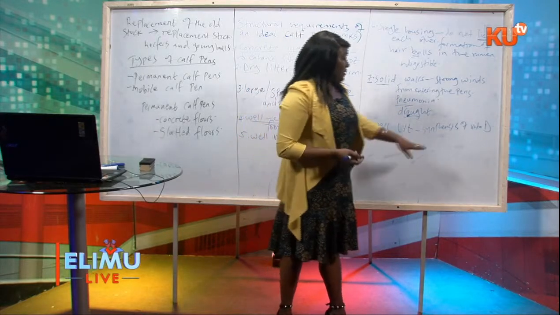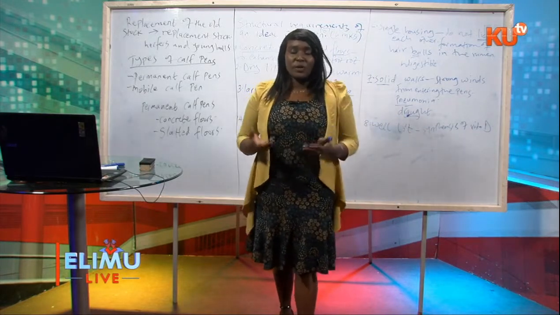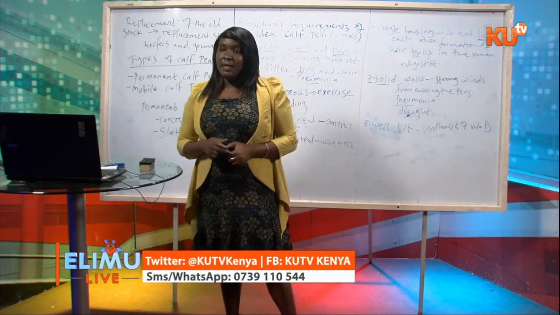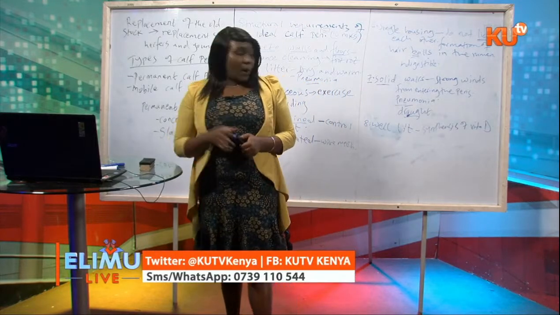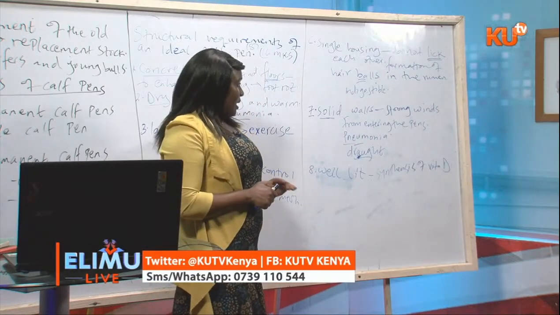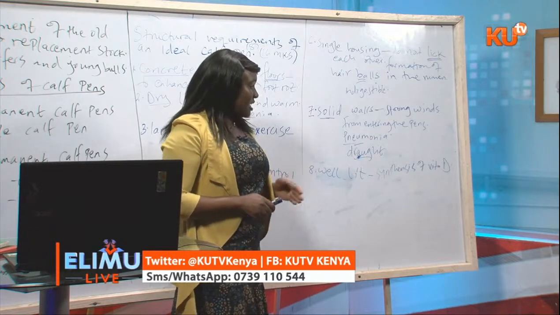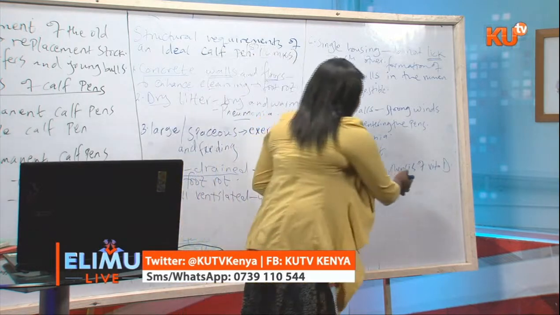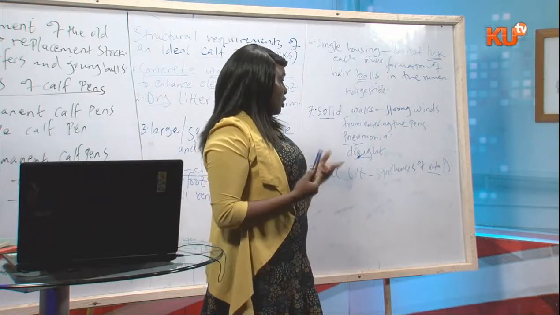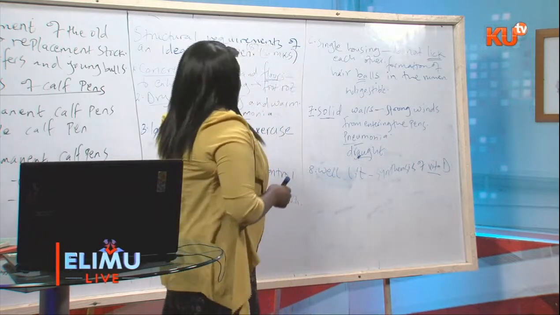For the purpose of synthesizing vitamin D, they require that synthesis. I am looking forward to seeing the right one. The deficiency of vitamin D causes which particular condition in livestock animals?